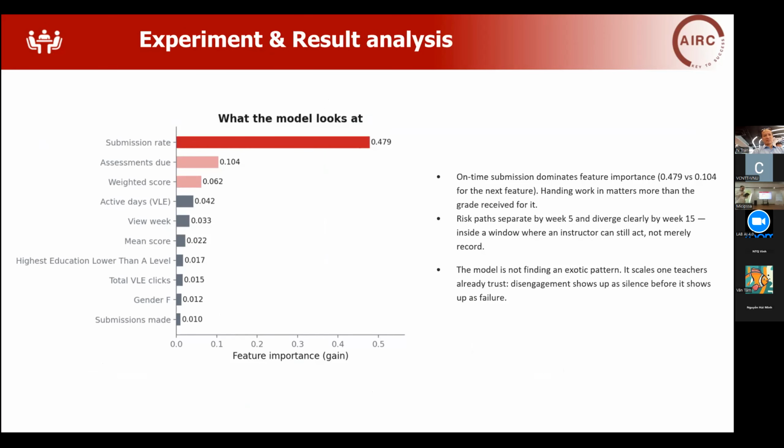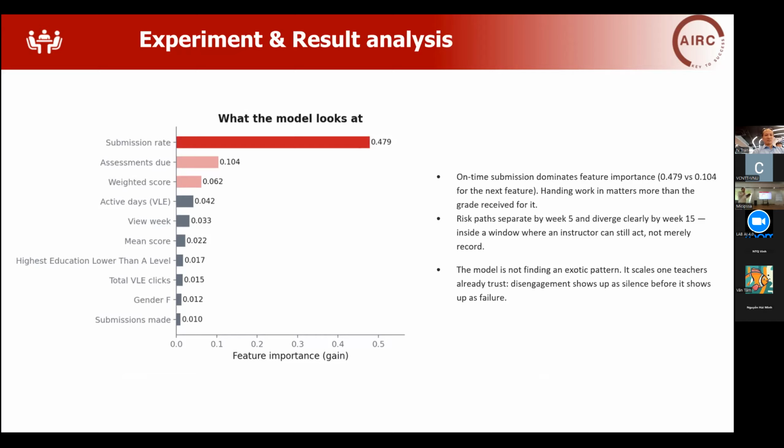And for the data, the most striking result is the feature importance. On-time submission rate is 0.47, nearly 5 times the next feature. The model is telling us something teachers already know, of course. It's not the grade that predicts if a student will pass or not, it's the silence.